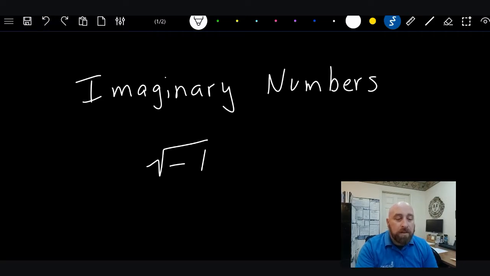So what mathematicians have done is they've said, if you ever get this, because it's possible. Remember when we were doing the discriminant in the last lesson, when we were getting things underneath the square root sign in the quadratic formula? Well, what happens if we get a negative number underneath of that? Does that mean we just can't solve it? There's no solution, we're done? Well, no, not necessarily.